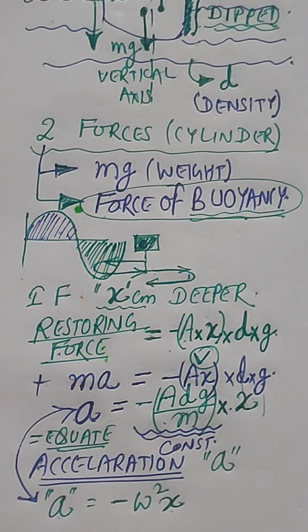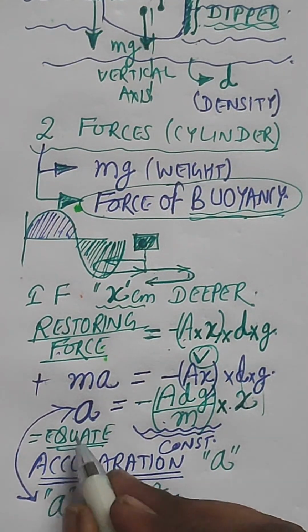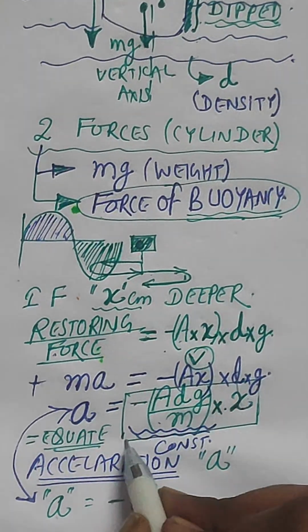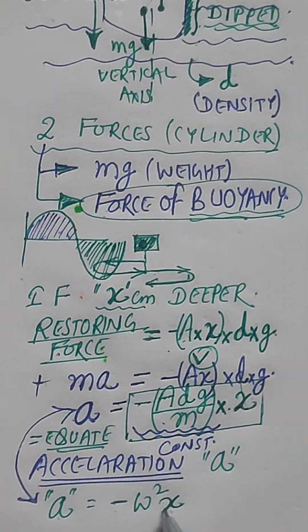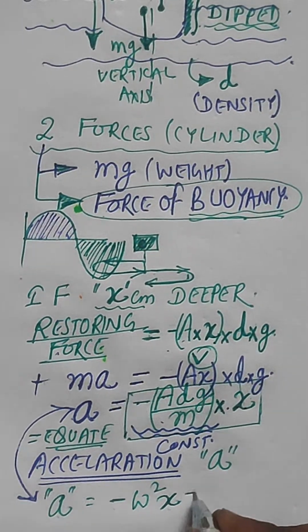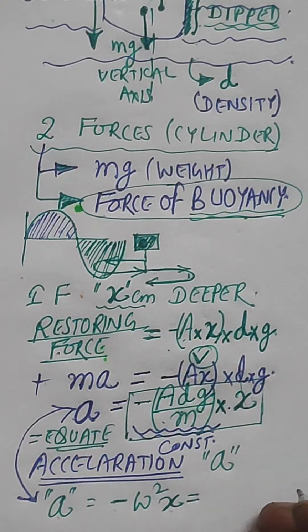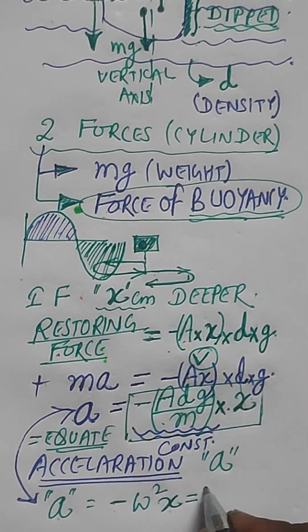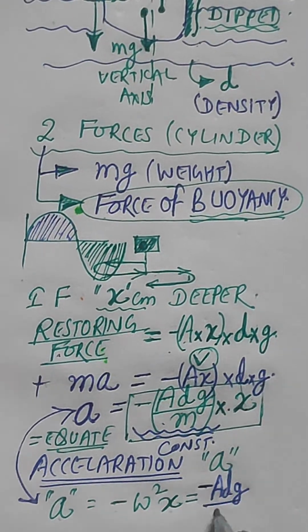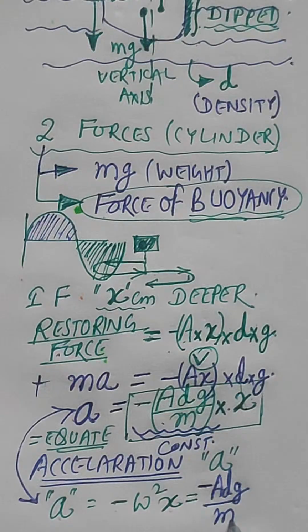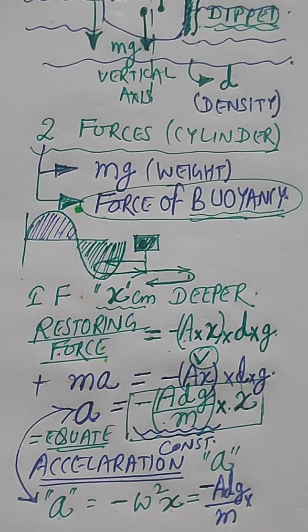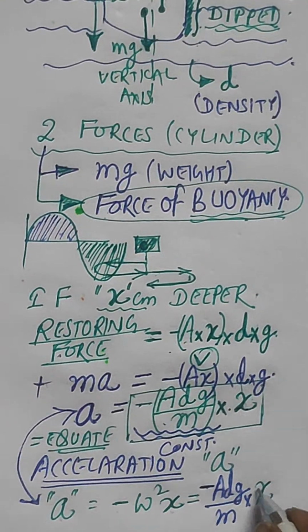When you equate them, minus omega square x will be equal to minus ADG by M multiplied by this x.